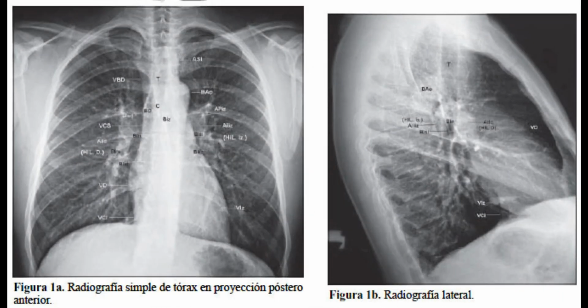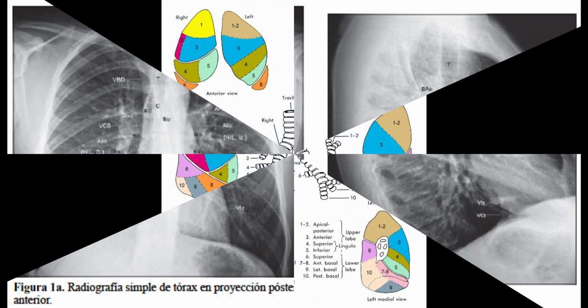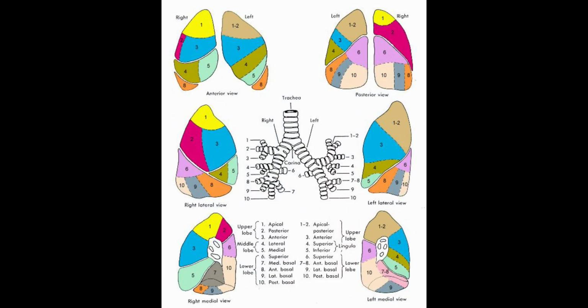The middle lobar bronchus is directed forward and outward, bifurcating horizontally into two segmental bronchi, the lateral and the medial. The lower lobar bronchus gives rise to five segmental bronchi.